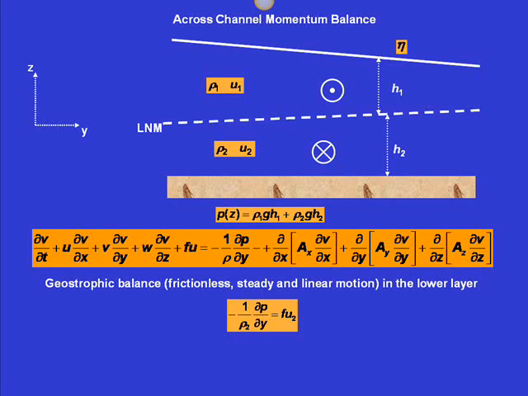So remember, we're talking about the momentum balance per unit mass per unit time. So we're talking about accelerations. So on both sides of the equation there, we have to have acceleration. So the units of u are meters per second, so the units of f should be 1/second to get meters per second squared on the right-hand side.